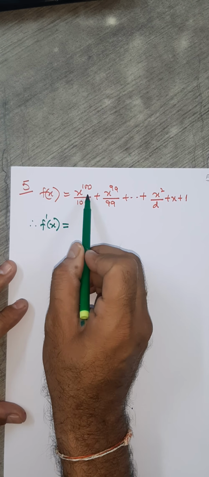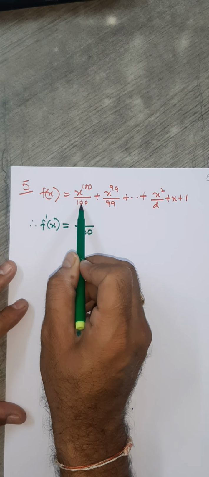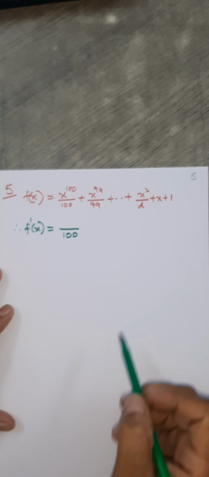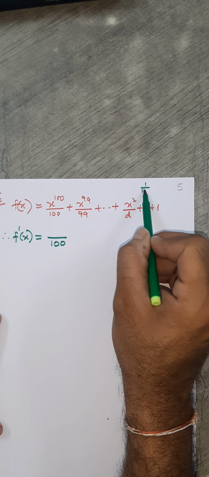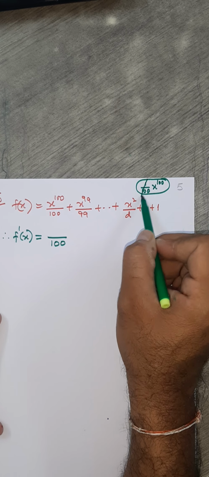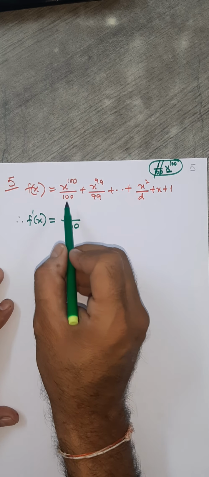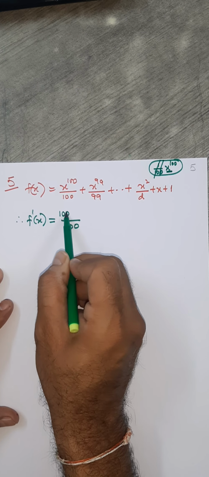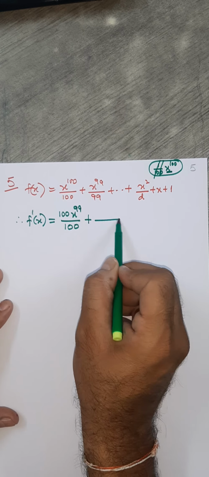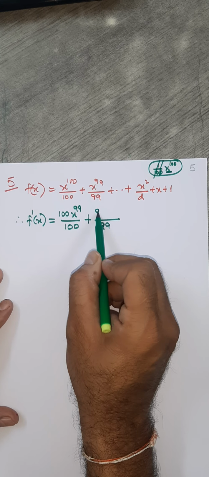Here no need to use the division rule. 100 is constant, so 100 as it is. Actually it's 1 by 100, you can imagine it like this: 1 by 100 into x raised to 100. So this is constant as it is. You are going to differentiate just x raised to 100. What is the derivative? 100 into x raised to 99, one less power, plus 99 being constant with the function as it is.